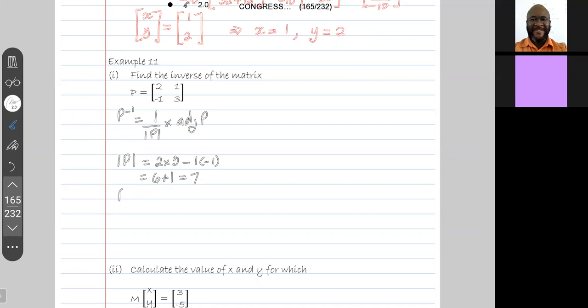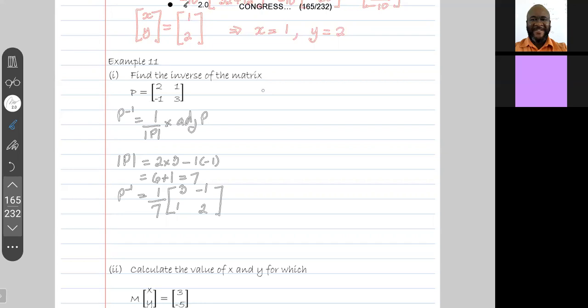So P inverse would be equal to 1 over 7 times adjoint P. So to get adjoint P, we're going to switch around the 2 and the 3. So 3 goes up here, 2 goes down here. The 1 and the minus 1 stay where they are, but their signs change. So positive 1 becomes minus 1 and negative 1 becomes positive 1. This is P inverse.